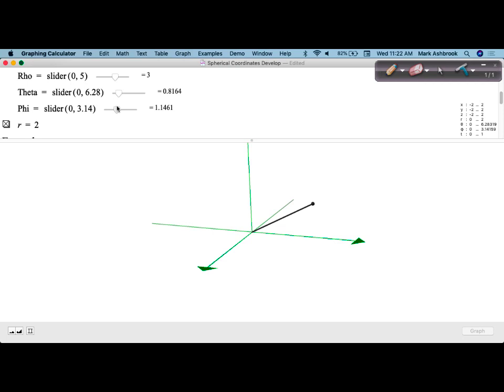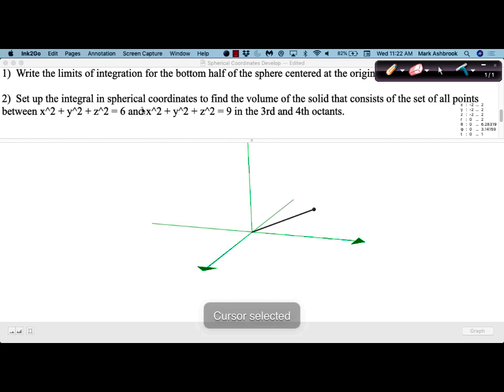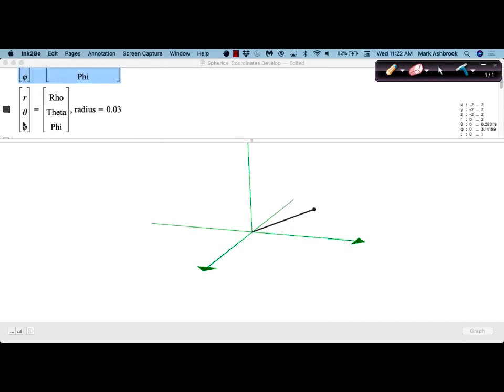See if that works. Okay, so out here at some arbitrary point in spherical coordinates, so I can do this here. What's that? Depends on the problem.